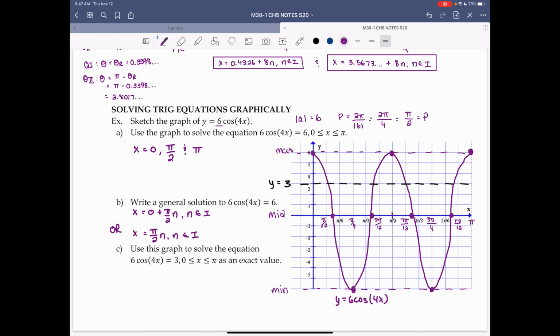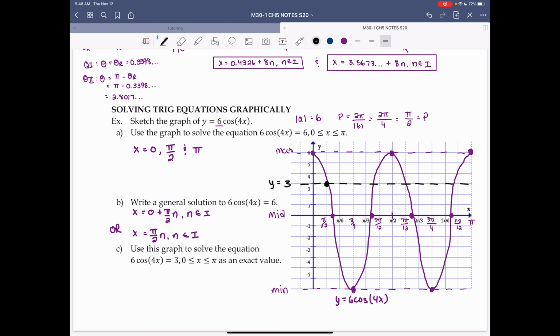This is pretty challenging to do using a graph that we've drawn ourselves because it's pretty challenging to get the curve to line up exactly how it should. So typically you'd be asked a question like part C if you were given the graph so that it's drawn perfectly.